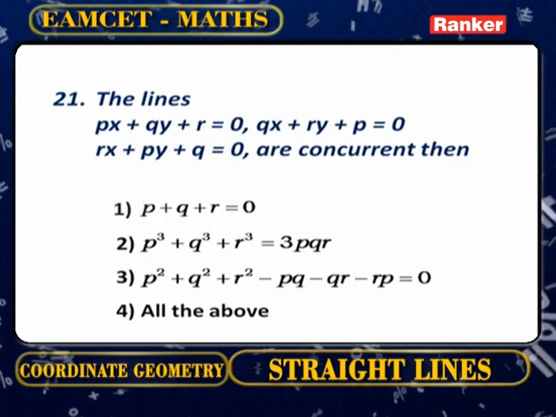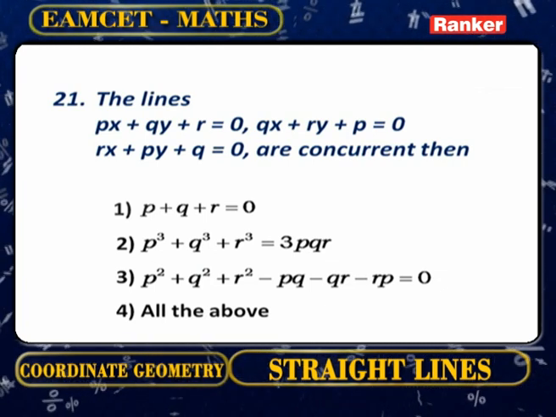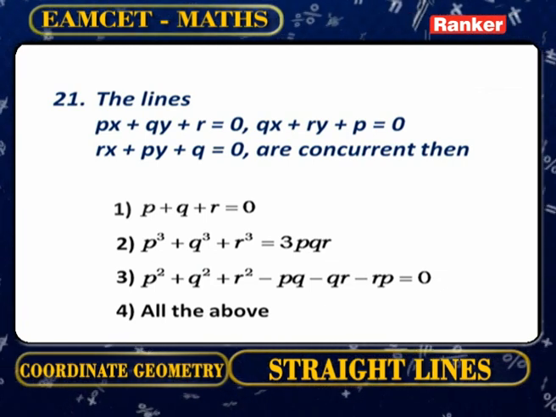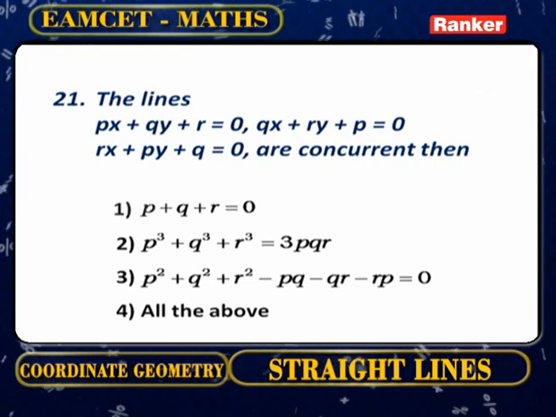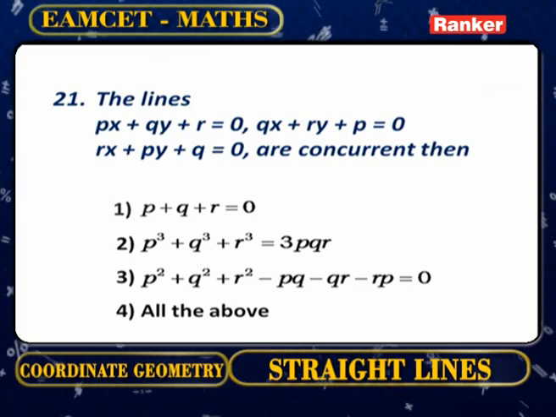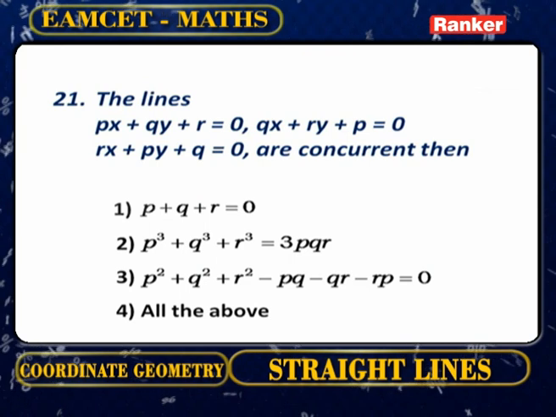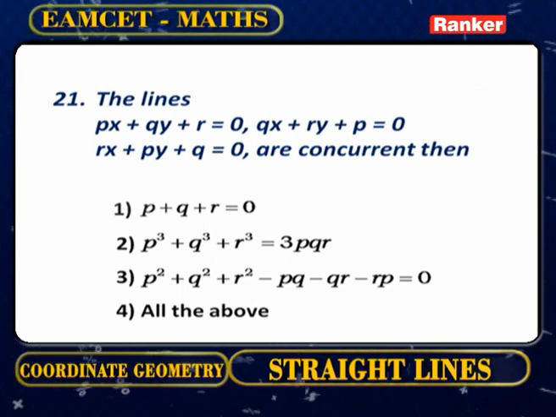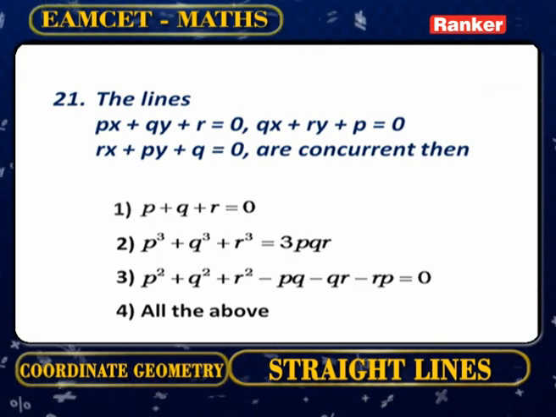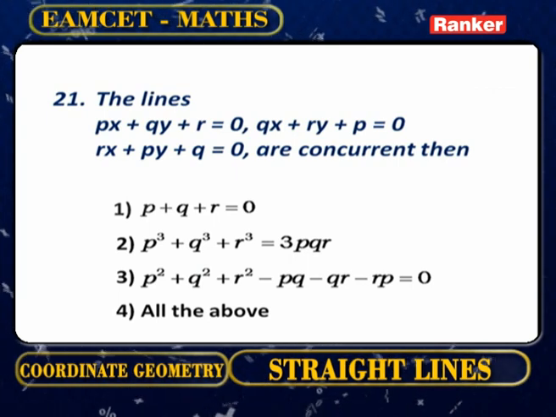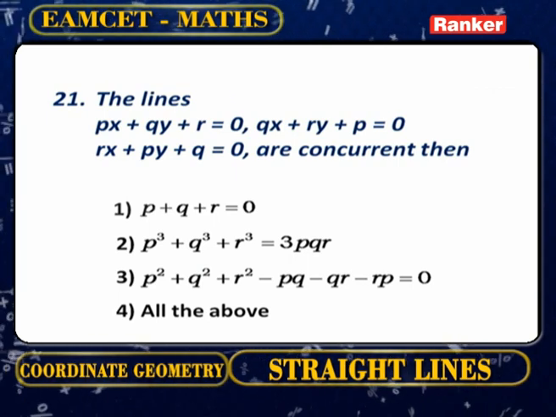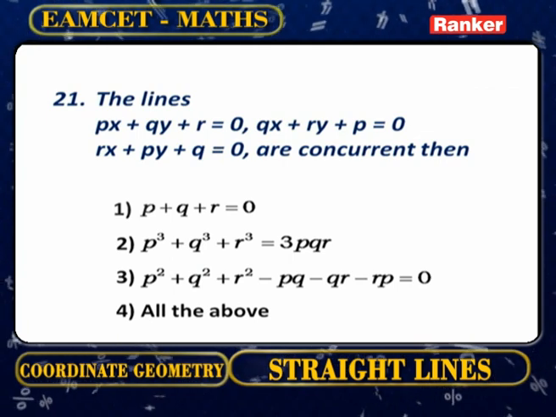The lines px plus qy plus r equals 0, qx plus ry plus p equals 0, and rx plus py plus q equals 0 are concurrent, then.